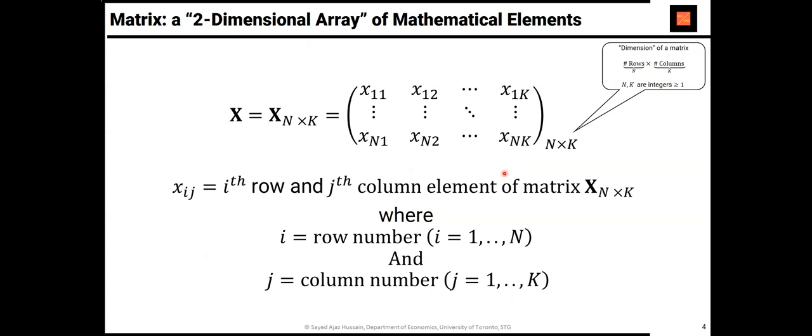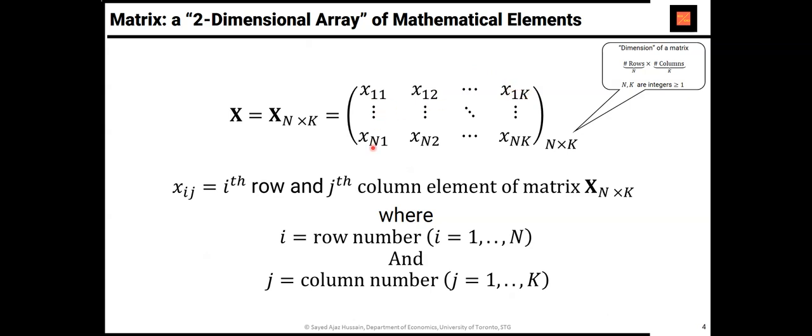A matrix, as you might remember, is a two-dimensional collection of numbers. Here's a matrix X. The first subscript is number of rows, N, Nancy. Columns are K, kangaroo. And you'll notice that I put subscripts here. So first row, first column, first row, second column, first row, kth column.